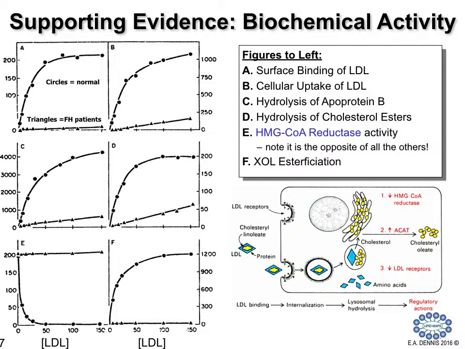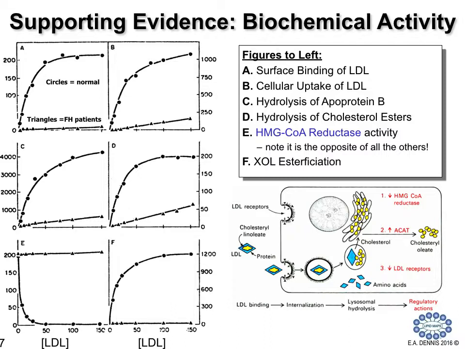In the upper left, in the first panel, they took radiolabeled LDL and looked at whether or not there was surface radioactivity binding to cells as a function of LDL. And in normal patients, shown in circles, there was an appropriate binding function.